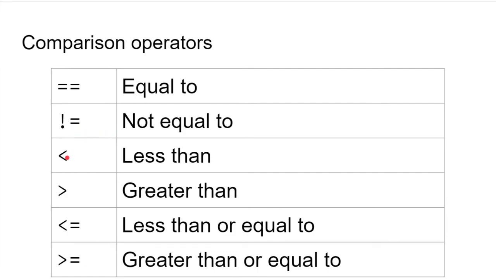We can ask if it's less than or greater than, or even combine them, so that if we want to test if it's less than or equal to something, we just write both less than and one equal sign. And if we want to test if it's greater than or equal to, we write greater than and an equal sign. Remember the order of first the greater or less than and then the equal sign. If you swap them around, it won't work. It would mean something else.